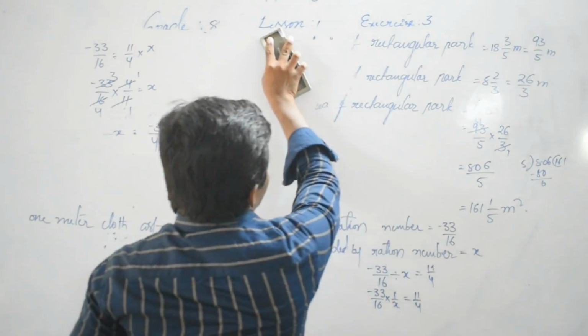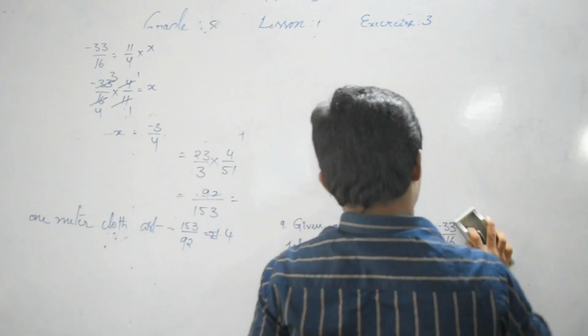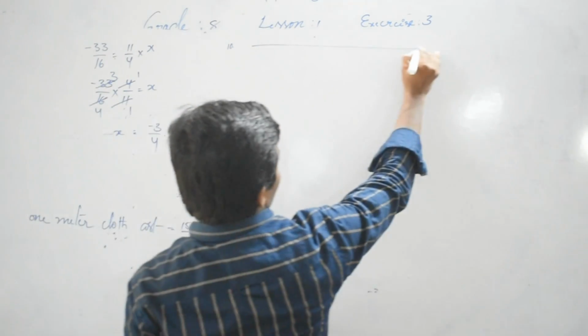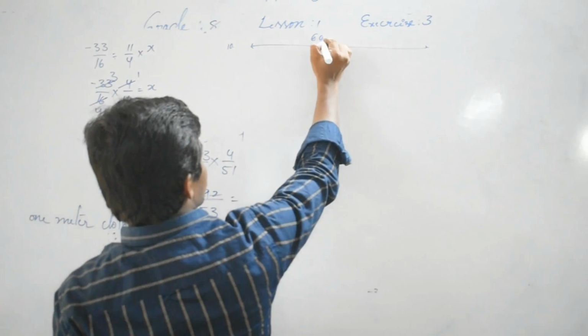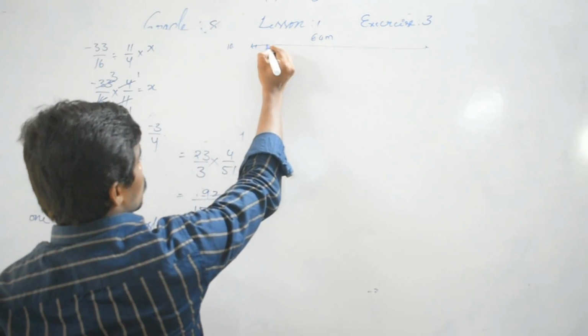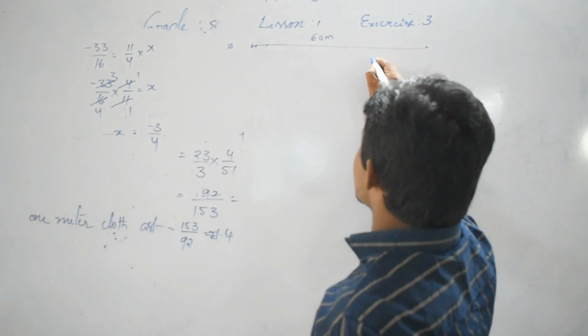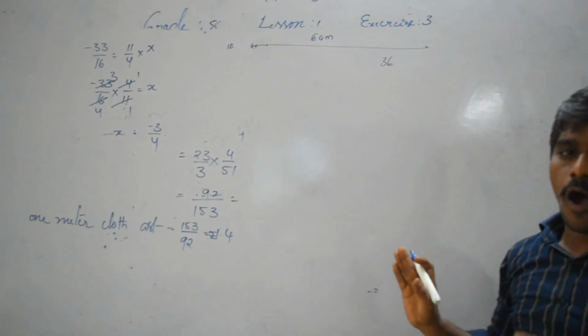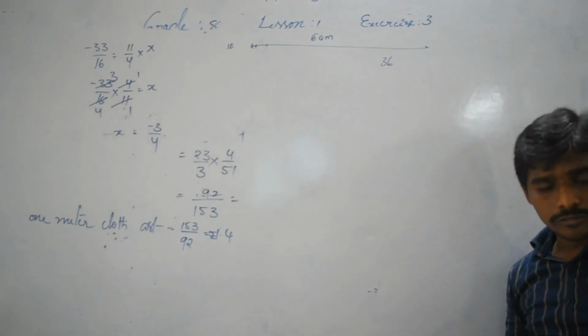This is the 10th one. 64 meters of cloth. 36 trousers we are stitching. 36 2s are 72, so each one is not 2 meters.